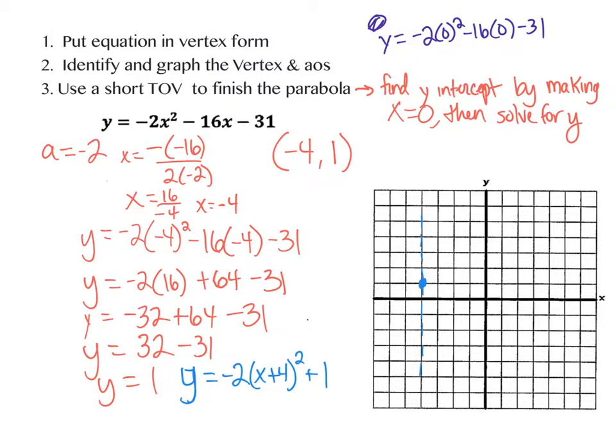Okay, my y-intercept is 0 minus 0, -31. Can we graph 31? No, way too far down there. It's way down here. Y-axis, -31. We don't have room.